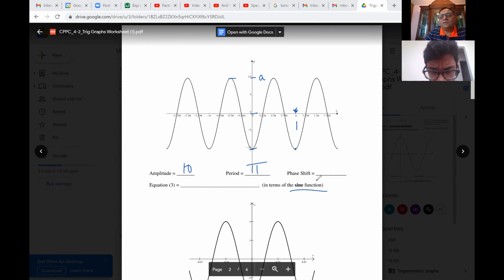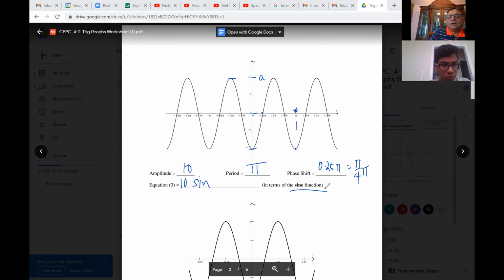We are looking into the sine function. The sine function starts from the axis, and the phase shift is 0.25 pi, so this is pi over 4. Therefore, the equation will be 10 sine, and let's also add one column here for k.